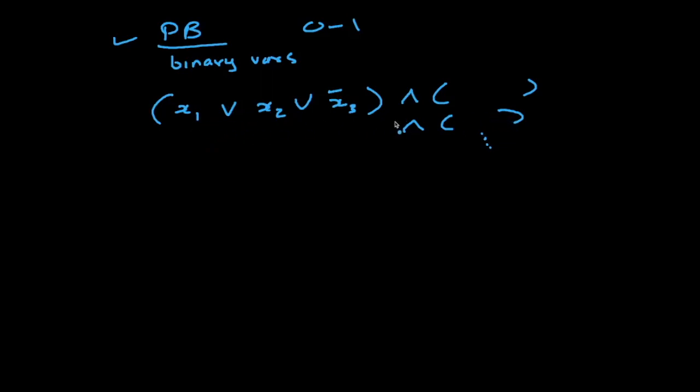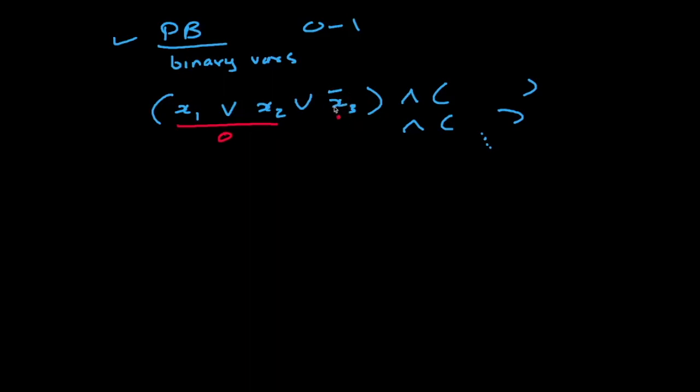How do we reach conflicts here? Let's say we are making some decisions, and we assign these two parts to 0. If we assign x1 equal to 0 and x2 also equal to 0, then it forces the remaining third part to be equal to 1.